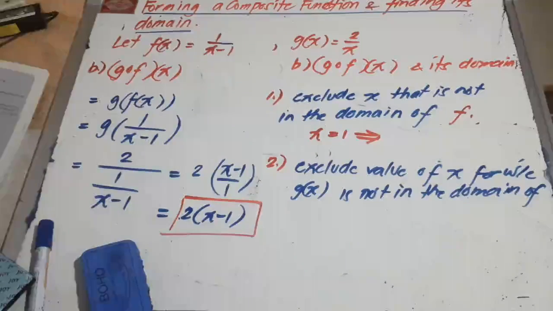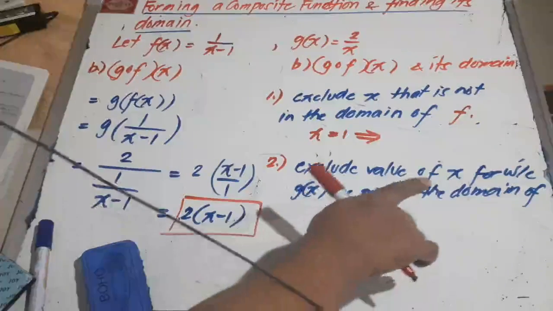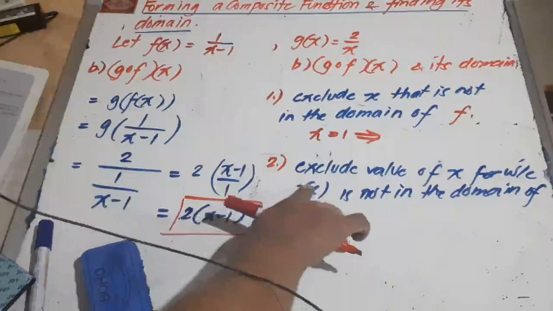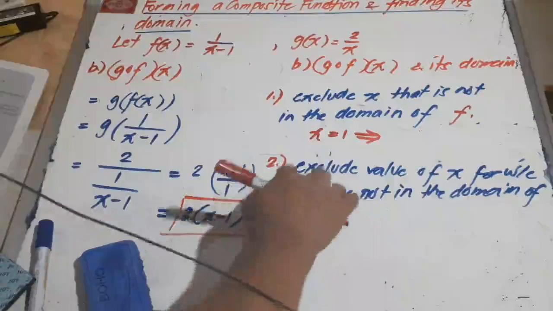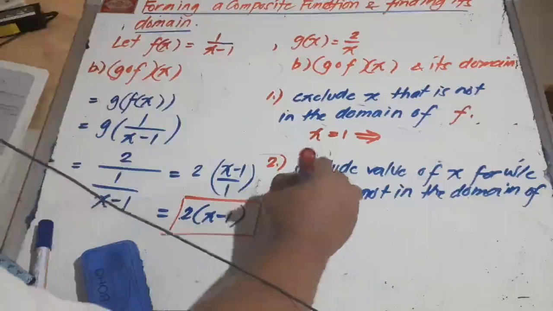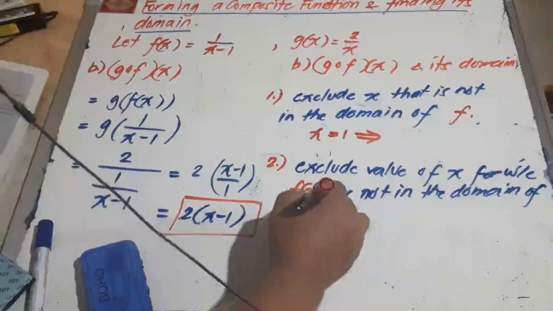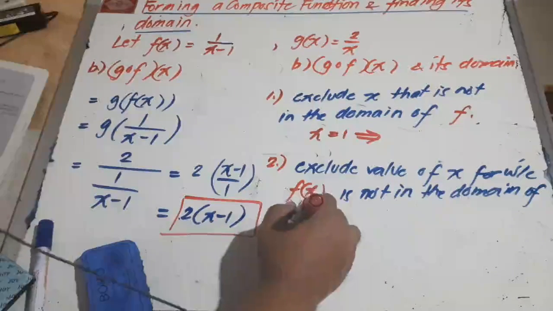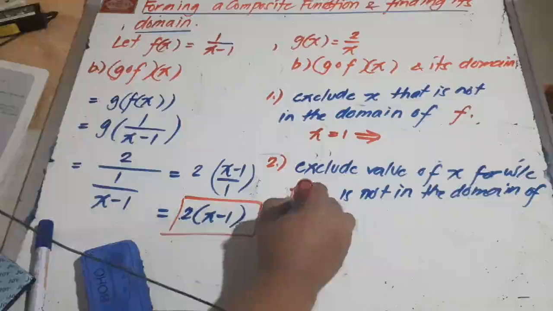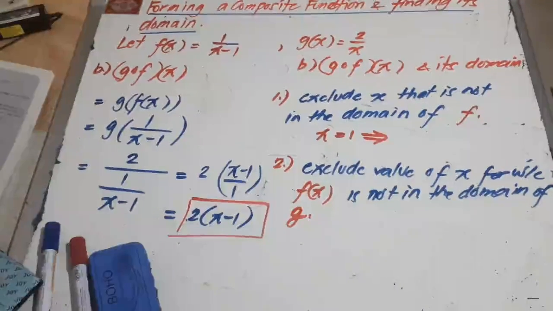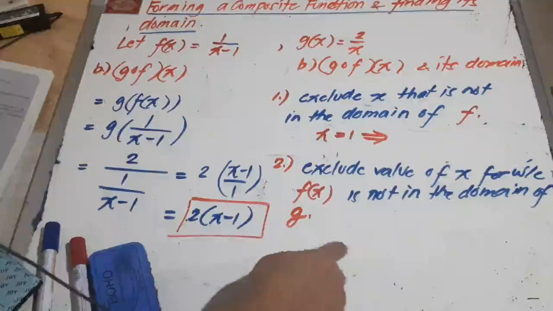For number 2 step natin, exclude value of x for which f of x is not in the domain of g. Okay, alin pa yung exclude natin? Yung value ng x na kung saan si f of x ay wala sa domain ni g.